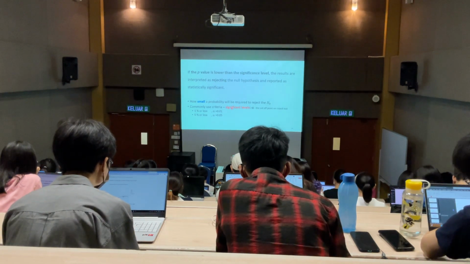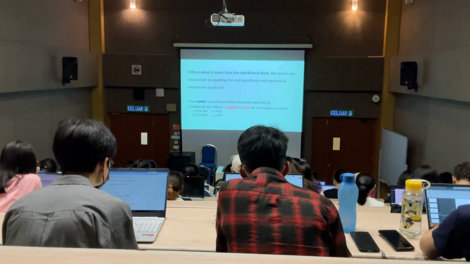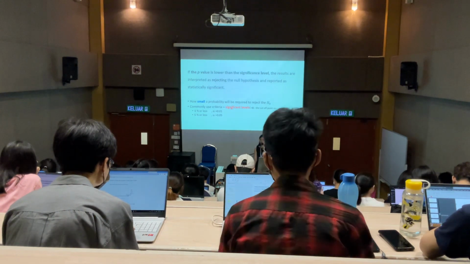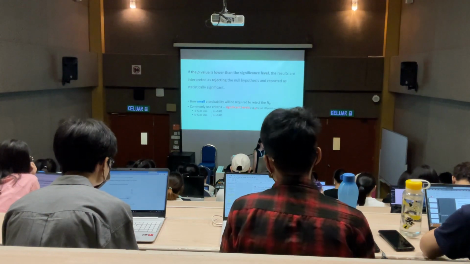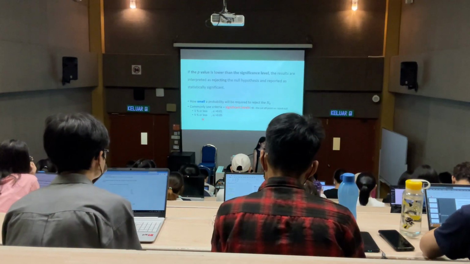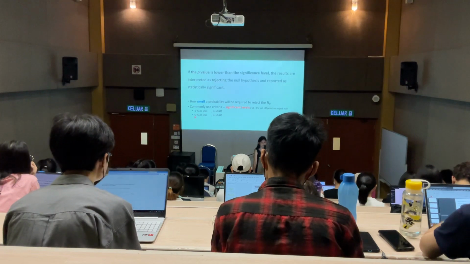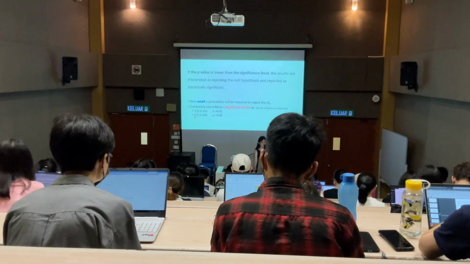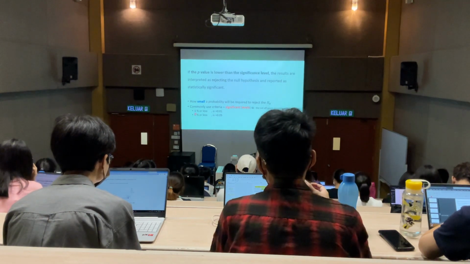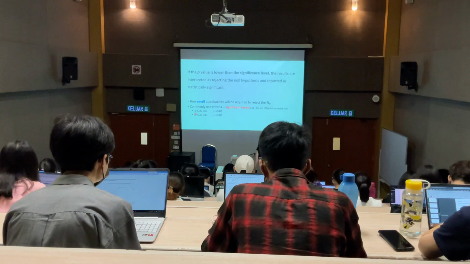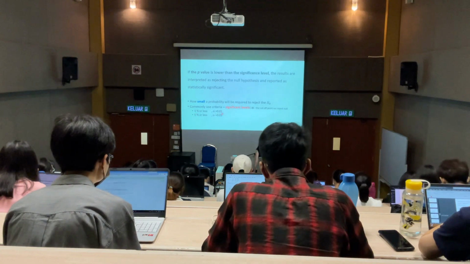So you need to set your own significance level before you start your statistical analysis, right? The common significance level, the alpha value, the cutoff point, we use is 5%. But if you want to be more stringent, more strict, to increase the accuracy of your study, you can choose to use 1%, which is 0.01.